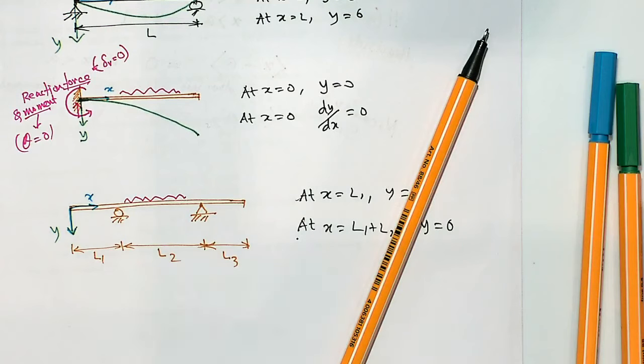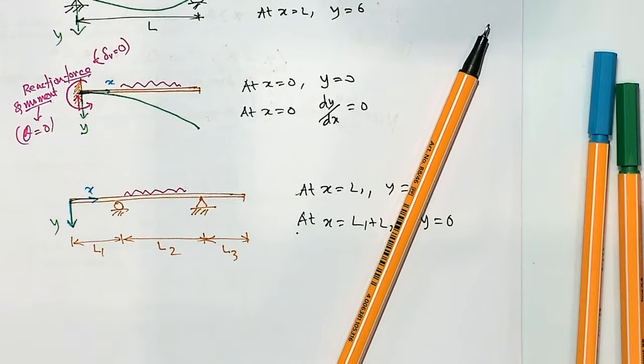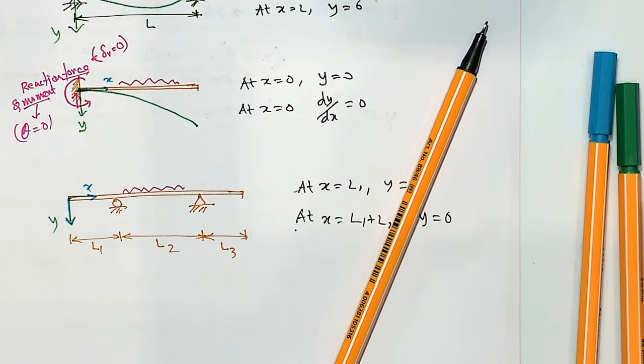So you need to know these known conditions to get those integrating constants. And once you get that, using this is almost a mechanical process: you find the load and then you find the other quantities accordingly. Is this clear so far?